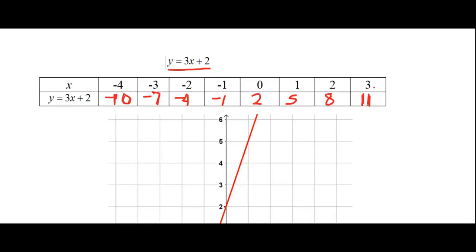And so we can conclude that the rate of change of y with respect to x is the same as the gradient, because as x increases by 1 unit, y increases by 3 units, and that gives us the gradient.